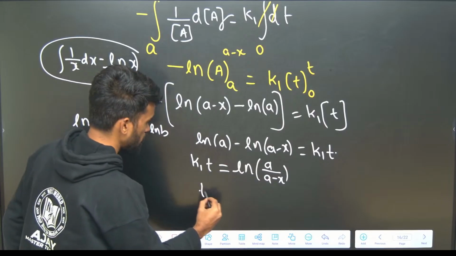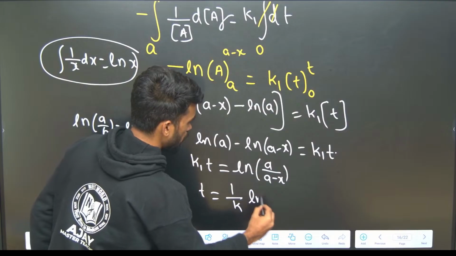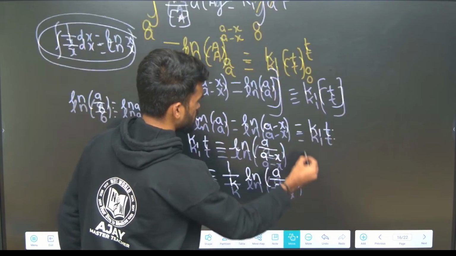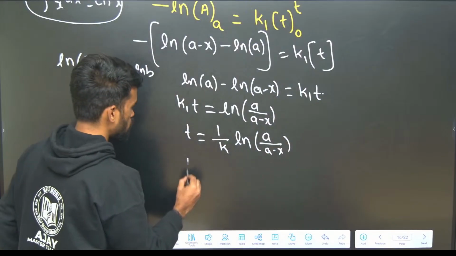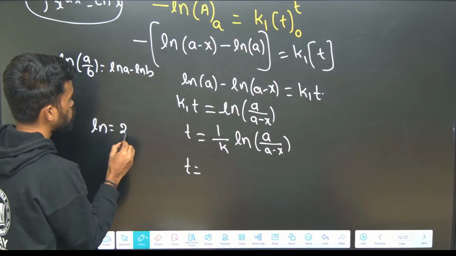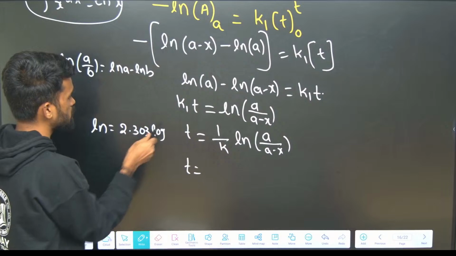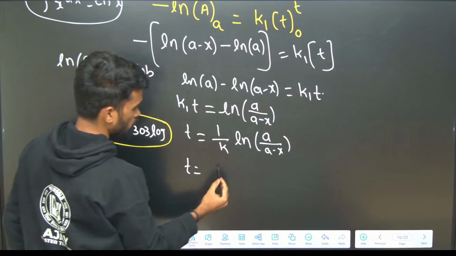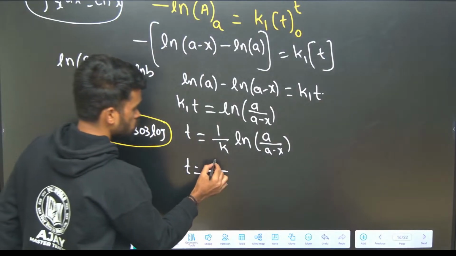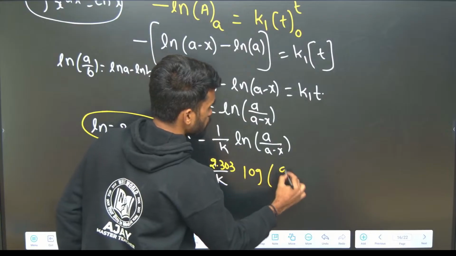Now what about t here? So t is equal to 1 by k into ln of a by a minus x. You can write this equation in terms of log also. So instead of writing ln, you can write 2.303 log. Use this relation here, so you will get t equals 2.303 by k log of a by a minus x.